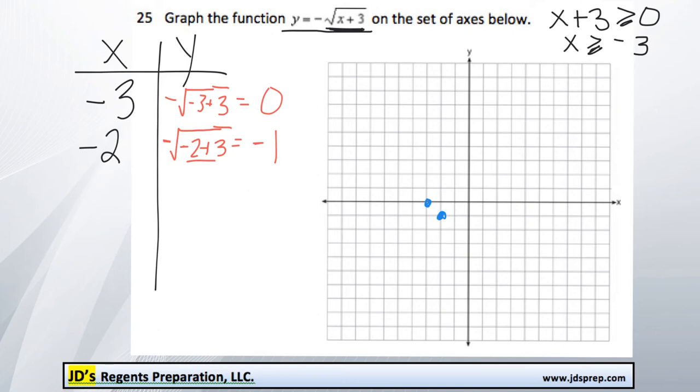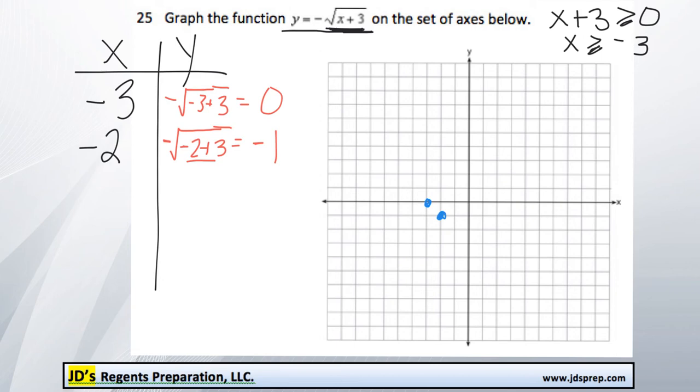All right, now for the next point, I'm actually going to skip x equals negative 1, because if we calculated negative 1 plus 3, we would get 2, and the square root of 2 is an irrational number that would be quite difficult to graph accurately. What I'm going to do instead is find the next x value that, if we add 3 to it, will give us a perfect square.